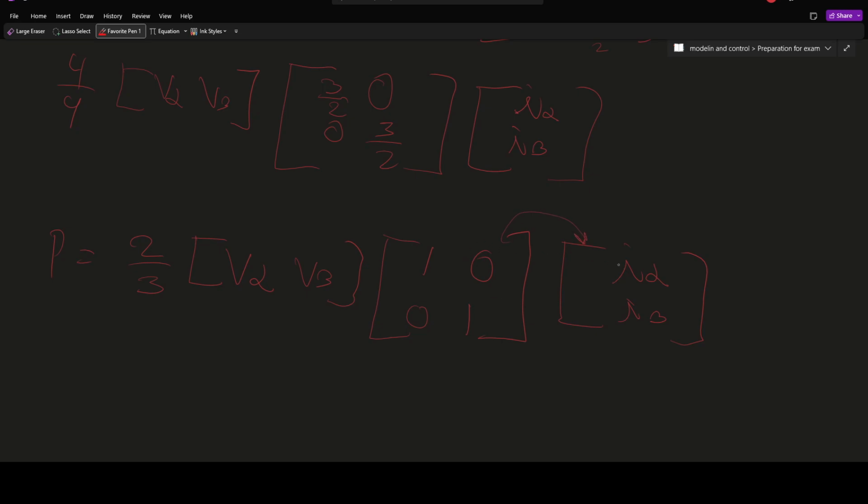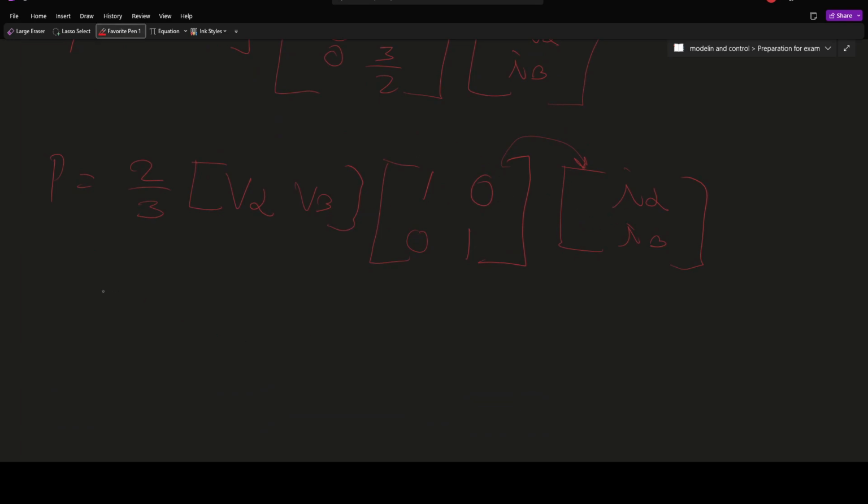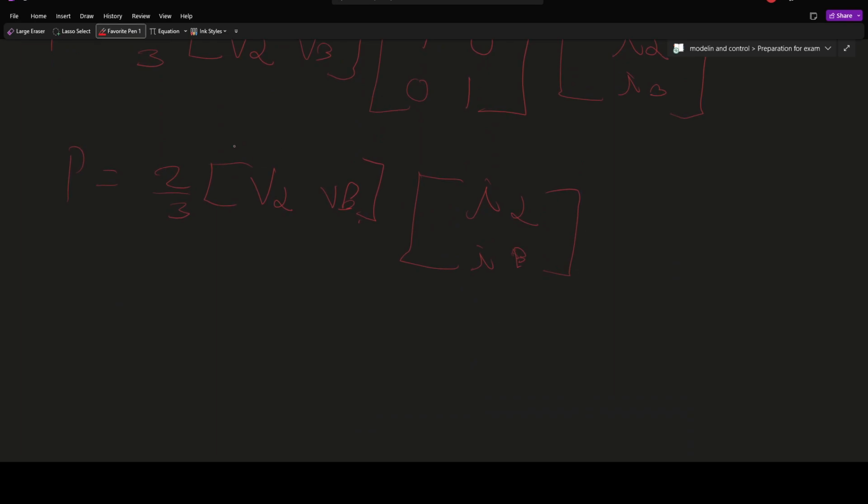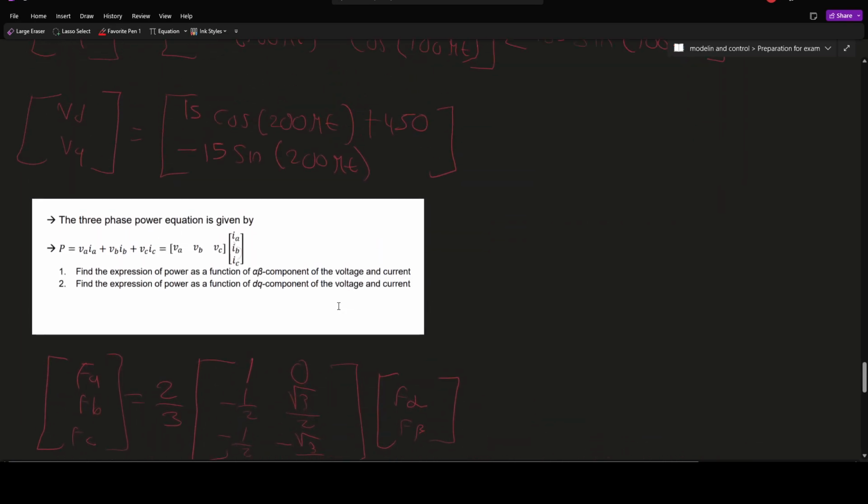And when you multiply with the identity, it's just gonna give you the same result. So power is gonna be 2 thirds of the alpha beta components of the voltage times the alpha beta components of the current. Okay, so this is our power expression for alpha beta.